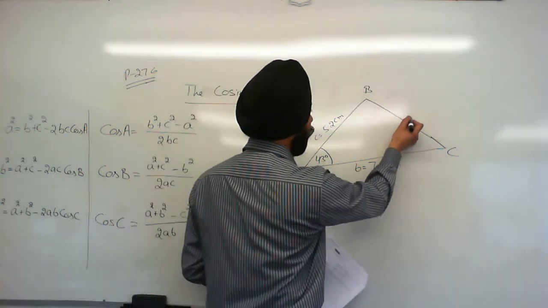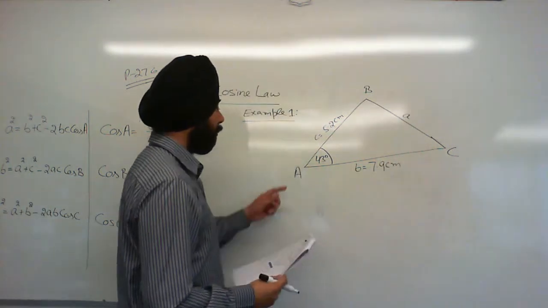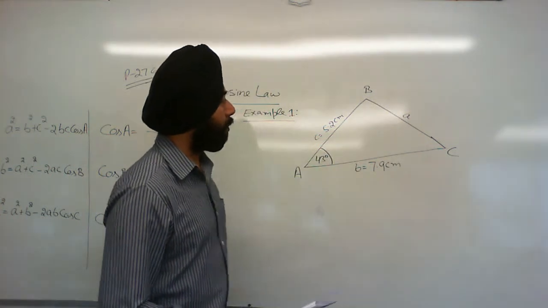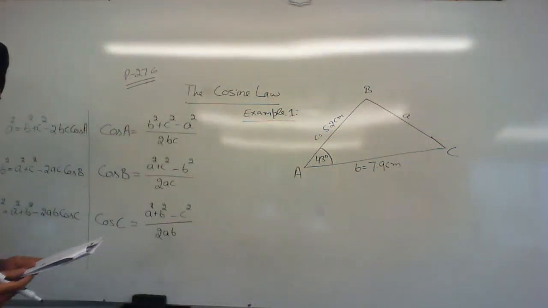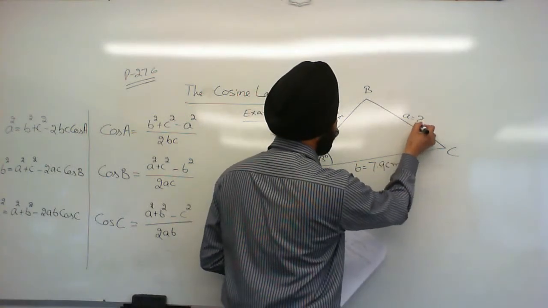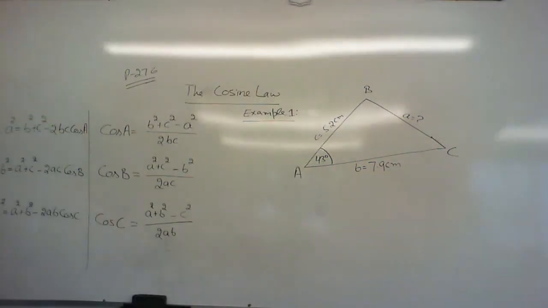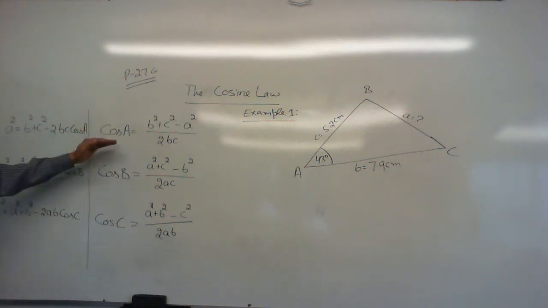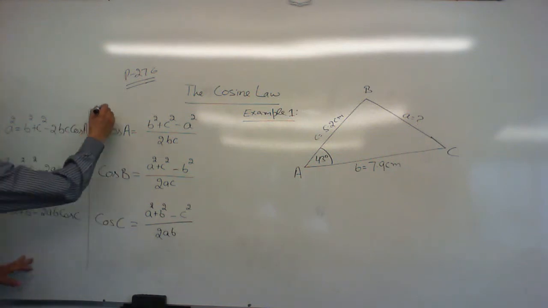This is side length A, we don't know it. How much is this? Because this is in front of angle A, it will be called A. Okay, you have to find this A. How much is the side length A? So, which formula would you use? These formulas should be used to find angle.